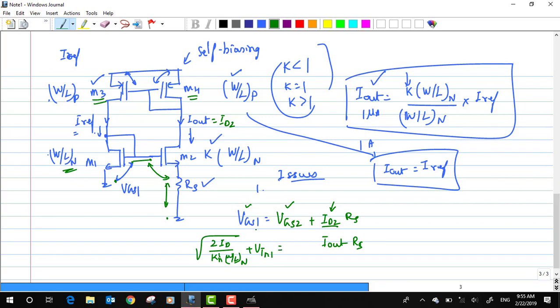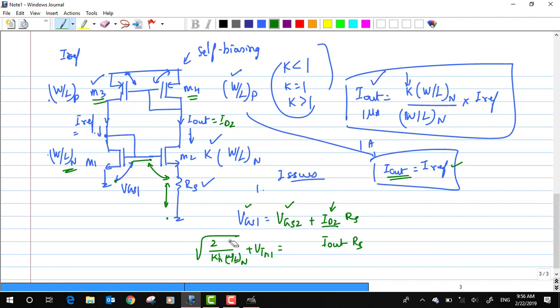So that is the factor that I want to add in order to generate this VGS1 term. Now the current ID that is flowing is basically I reference, and that will also be equal to my I out. So I'm going to replace this ID1 completely with I out, so that both on the right hand side and the left hand side of my expression, everything is defined in terms of I out, and that is my ultimate aim.